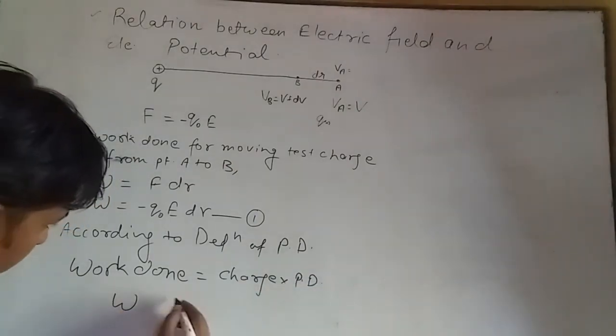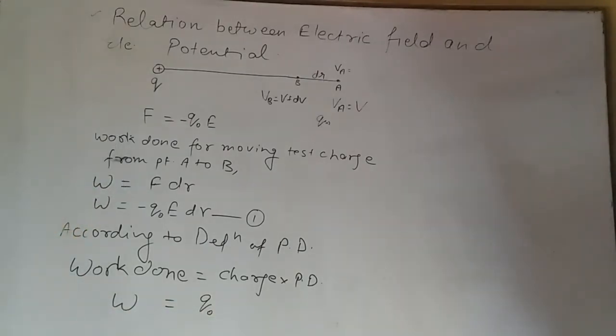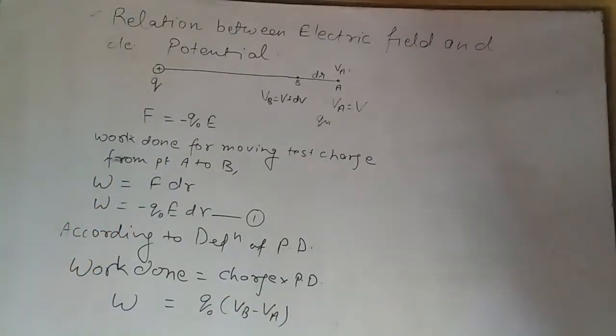So that work done equal to charge, here we take Q naught, and potential difference VB minus VA.